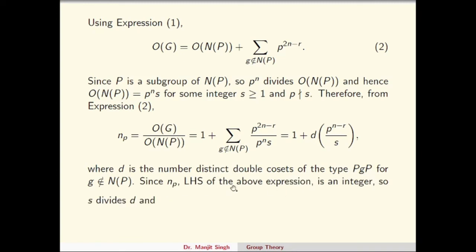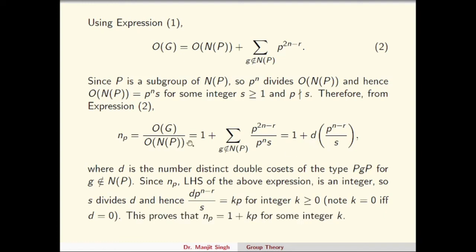So n_P is an integer, so S divides D, and since n is greater than r, this number will be a multiple of P. So we can write it as kP for some integer k. So in this way we proved that n_P is 1 plus kP, and it was our required result.